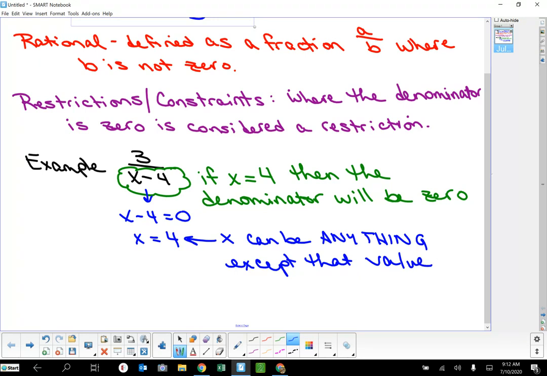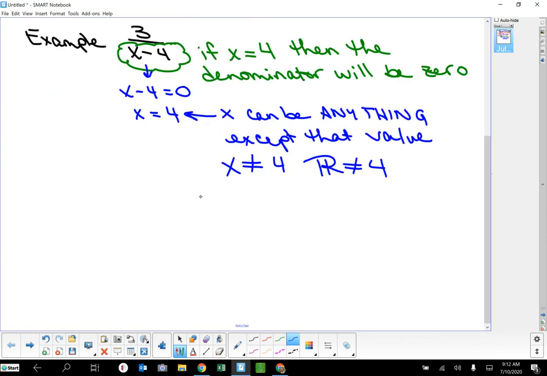And so there's different ways for you to answer this, but you could say x is everything not equal to 4. You could say all real numbers not equal to 4. You could say we go from negative infinity to 4, and we combine that with 4 to infinity, right?